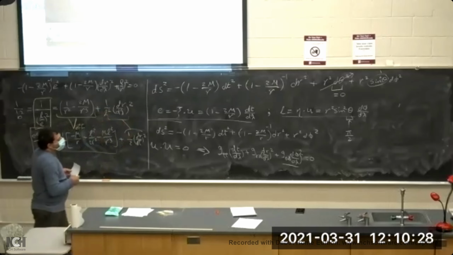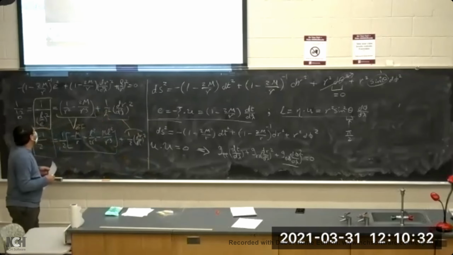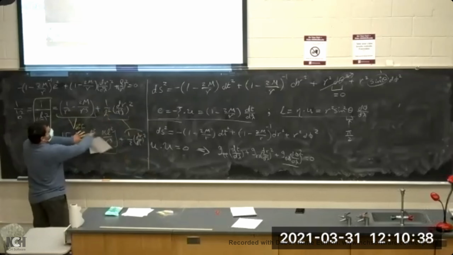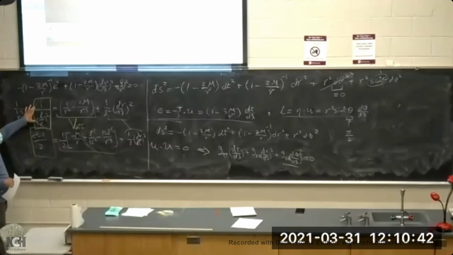Also, because of the normalization condition, u dot u is equal to 0, we don't have this term in this equation. Because of that, we can take L as a factor between these two terms and put it in this equation on the other side.